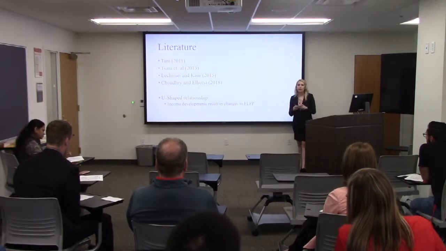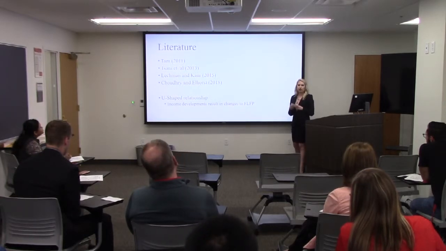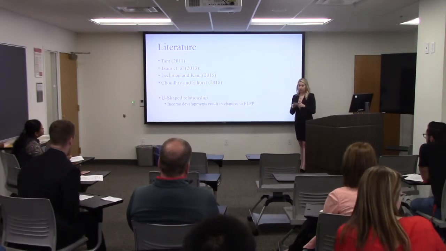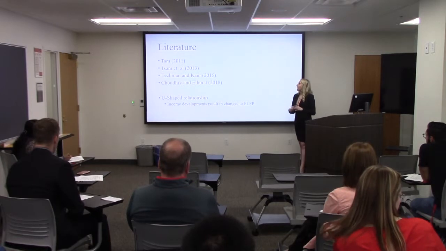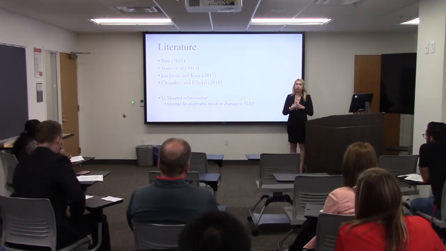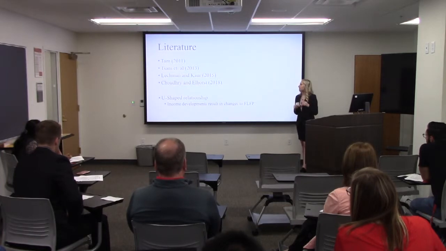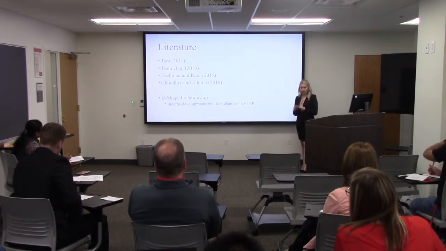And then Lechman and Cower looked at 162 countries from 1990 to 2012, and they also used that panel data analysis. They ran their regressions with all of their countries as a whole, and then broke it up by income level as well, and found that the U-shape holds for all of the income levels except for low-income countries.